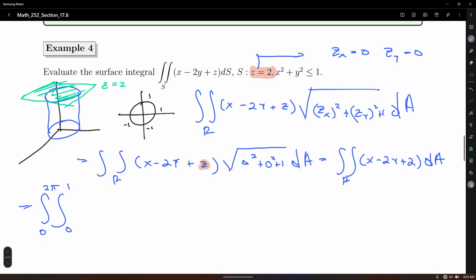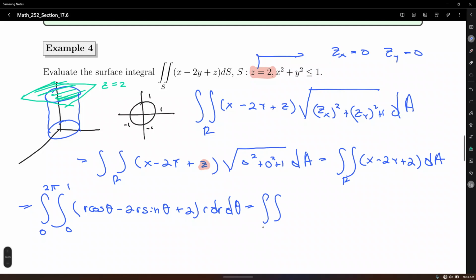So let's replace x in terms of r and theta. That is r cosine theta minus 2r sine theta plus 2, times r dr d theta. Okay? Let me distribute the r because we will need to integrate this with respect to r, so make sure you have a simpler function.